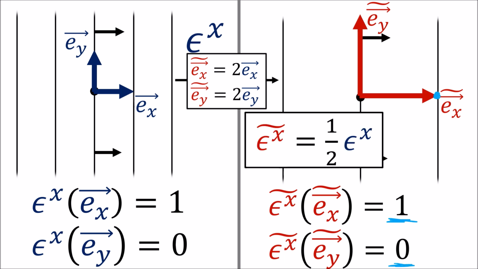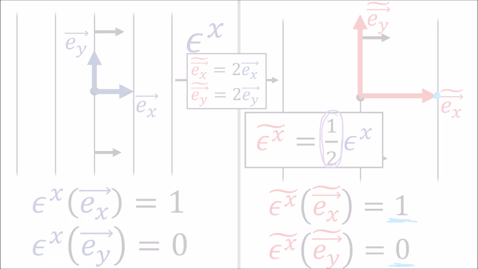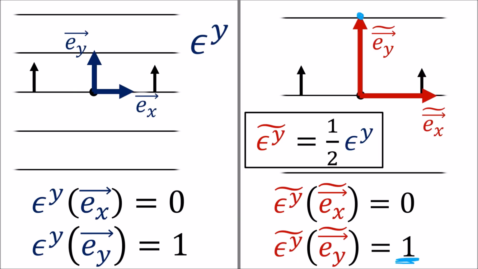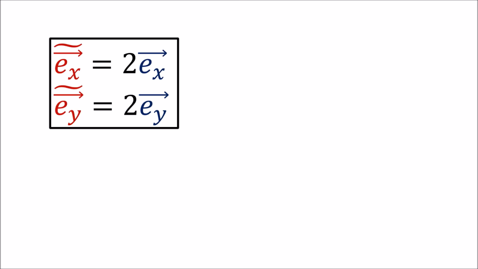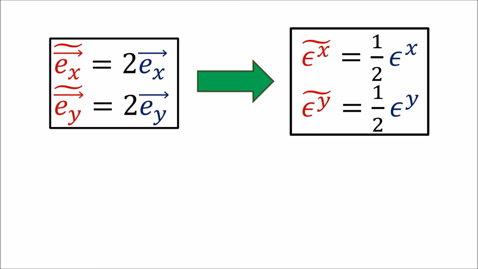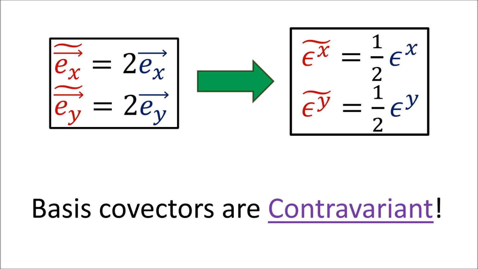To do this, epsilon x tilde must become half as dense as epsilon x. The same is true for epsilon y tilde. Since the epsilons transform in the opposite way that basis vectors do, we call them contravariant.